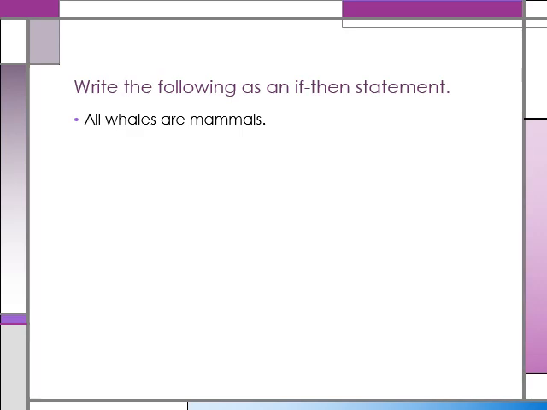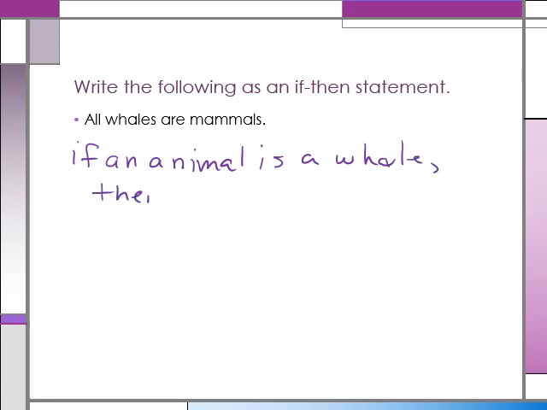So if I want to write a statement as an if-then statement, we would get rid of the all, and we would say if an animal is a whale, so we have to state a little bit more, then it is a mammal.